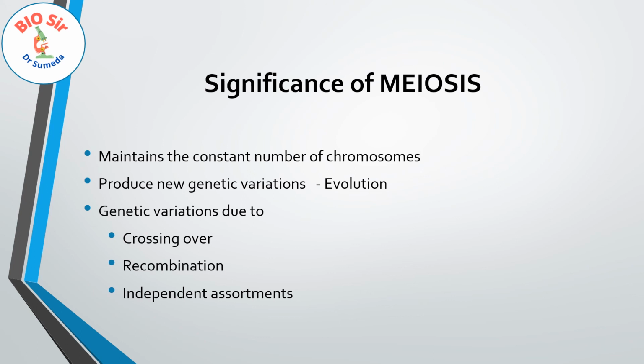This genetic variation is due to crossing over at meiosis 1, along with recombination and chromosome assortment, which you call independent assortment. That means the chromosomes coming from the mother side and father side will be assorted at the metaphase plate independently. So you will have different characteristics, resulting in genetic variation. This leads to evolution of the species.